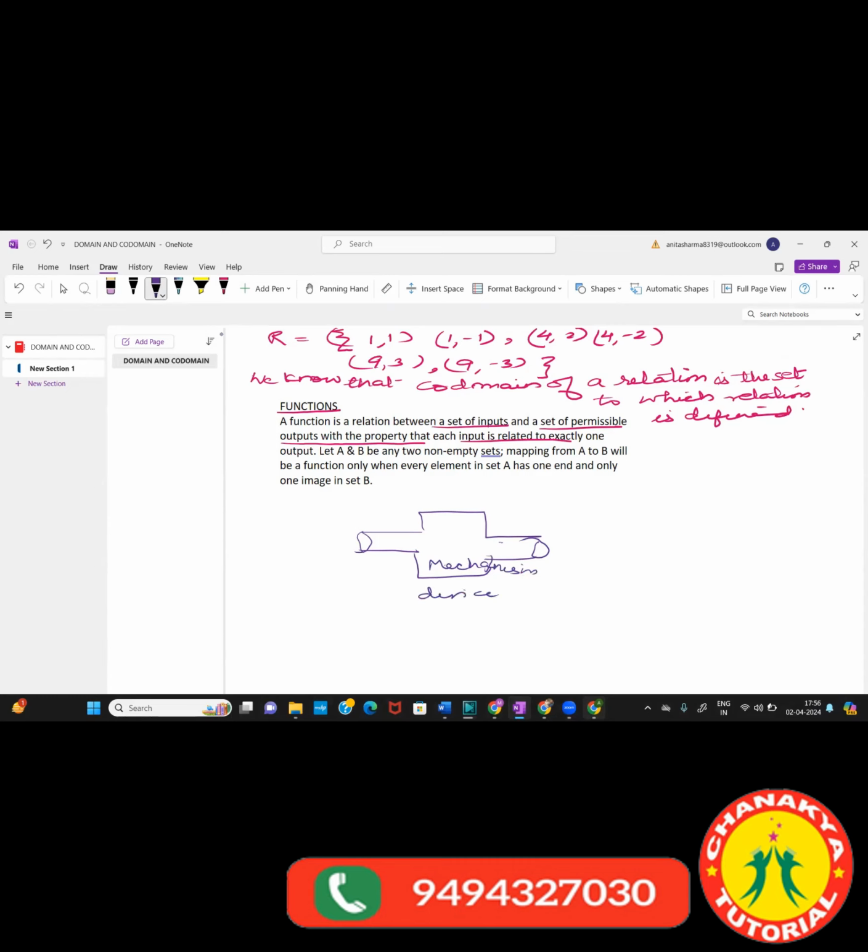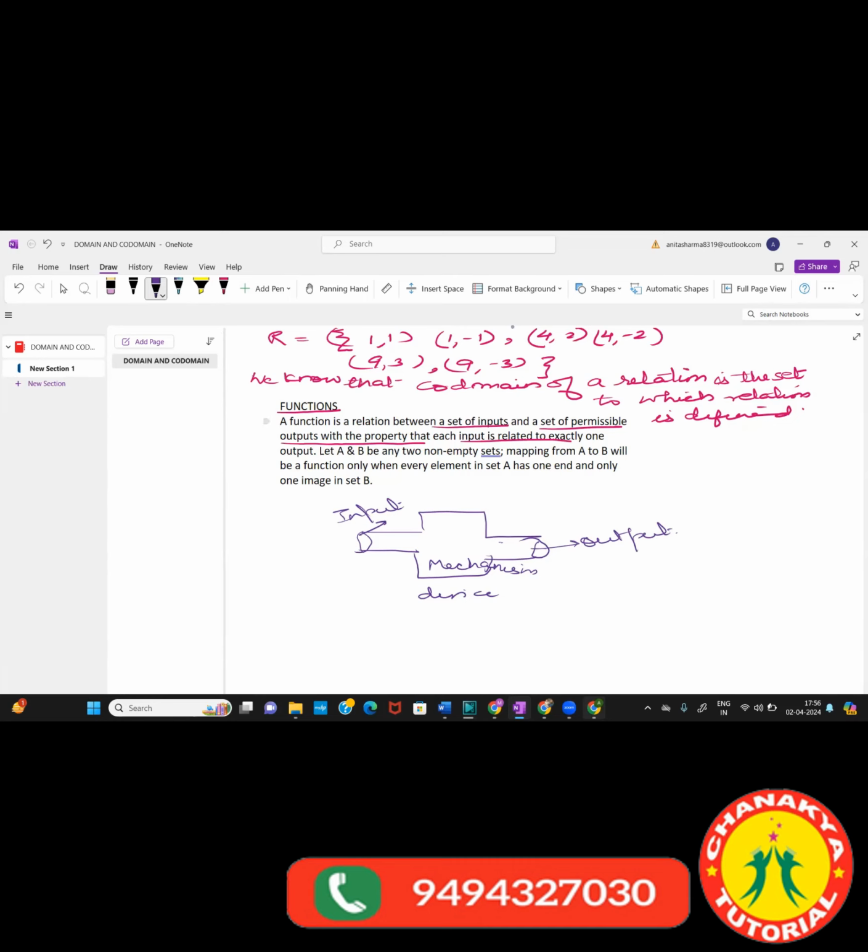And you are giving any input, right? And after processing, it will give you output. Just like your computer, if you are feeding something in your computer, or if you are doing calculation in your calculator, you are feeding the values only, na? Right, beta? And after this whole process, you will get a single output, right? So in terms of maths, this is called a function.